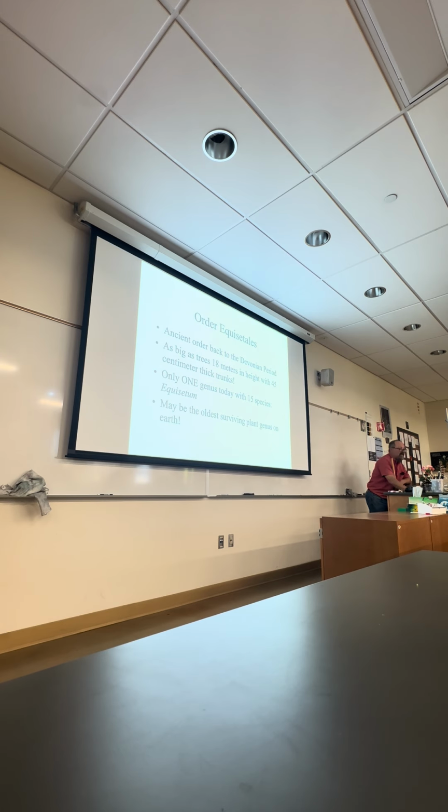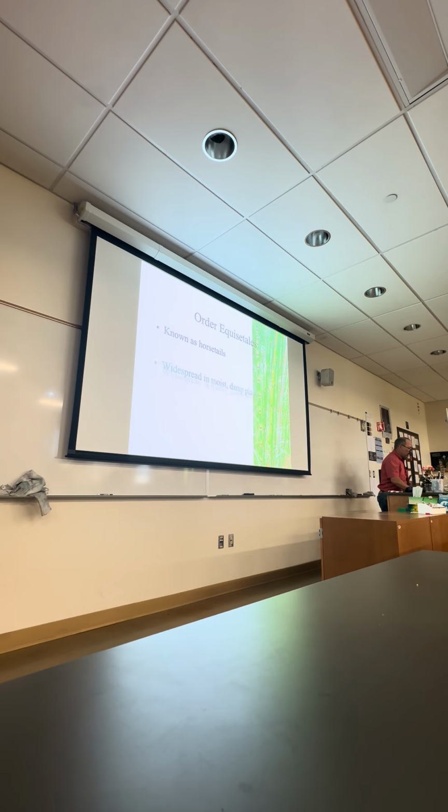So what that means is if you go and look at the fossil record, you can find horsetails of pretty much the same genus, by diagnostic. Most have jointed stems with rough texture, rhizomes, homosporous.